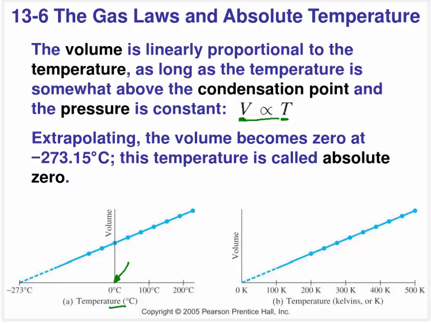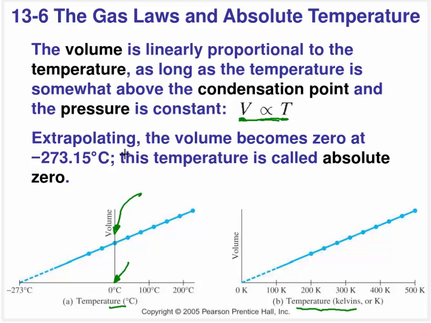What this equation says is, suppose I were to double the temperature, well, the volume should also double. What would happen at 0 degrees Celsius? I try to double 0, and I'm going to get 0. So the Celsius scale doesn't quite work. We need to introduce this new scale, which is going to be called the Kelvin scale. I'll talk about that on the next slide.